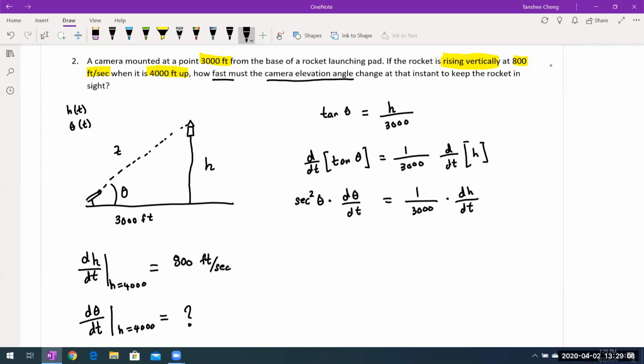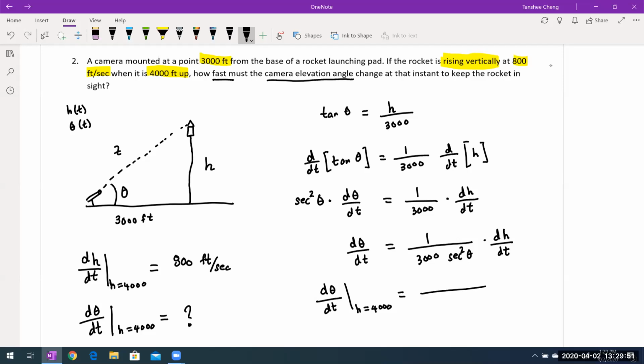Solving this for what we need, which is dθ/dt, we get 1 over 3,000 times 1 over sec² θ, because you're dividing both sides by sec² θ, times dh/dt. Continuing, what are we looking for? We are looking for dθ/dt when the height is 4,000 feet.